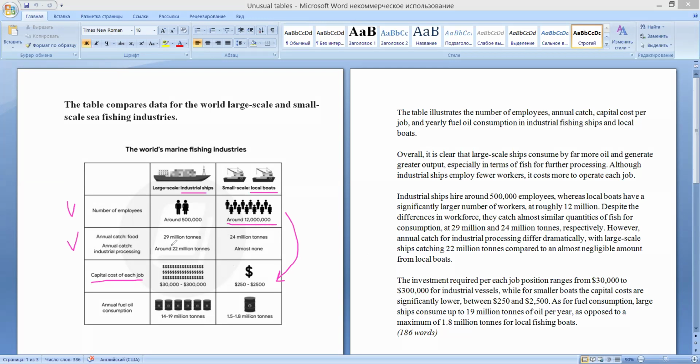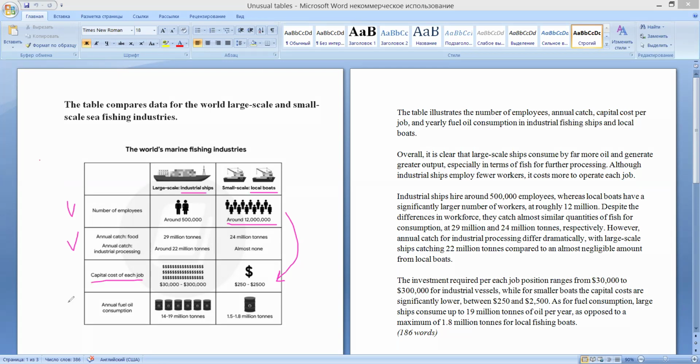But it's not true. We know nothing about their salaries. Capital cost includes different kinds of expenses: medical insurance, equipment, uniforms, salaries. So it's a wider concept. Maybe the salaries are identical.